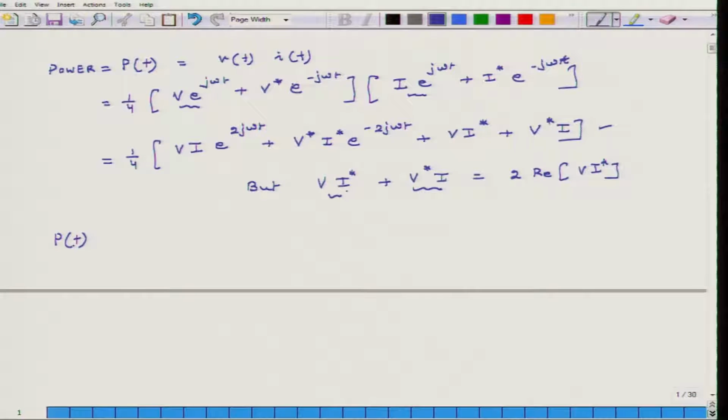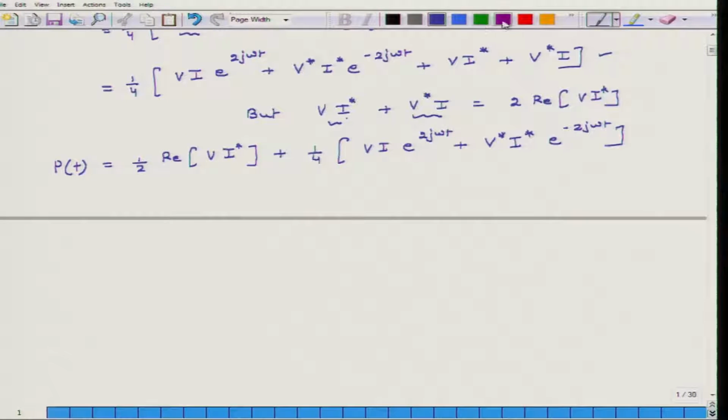So, we plug this back into our relation for power. My relation for power becomes P of t equals half of real of V I star plus 1/4 of V I e^(2 j omega t) plus V star I star e^(minus 2 j omega t).